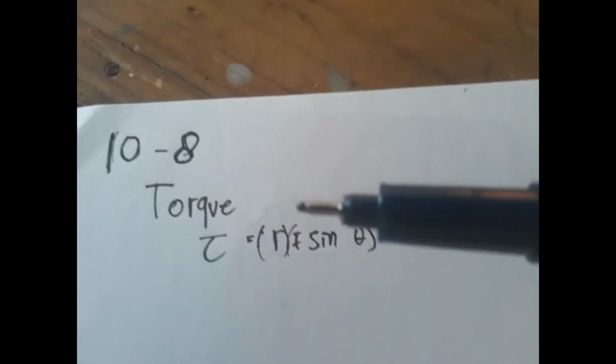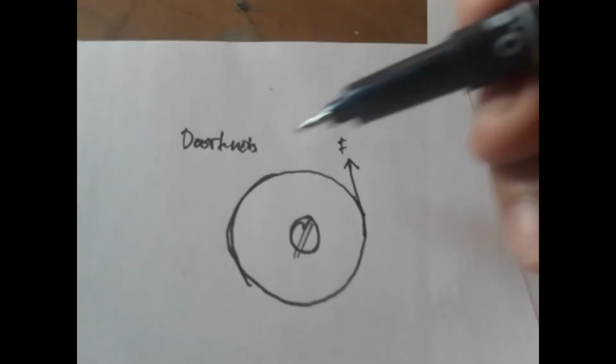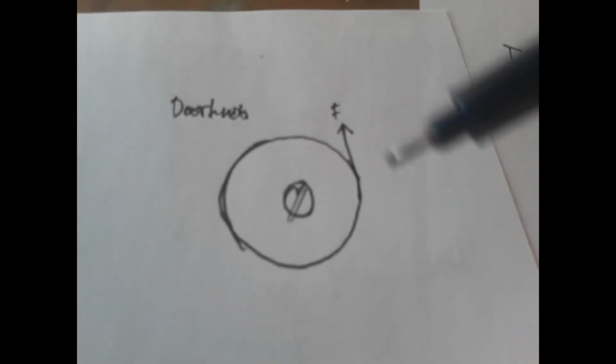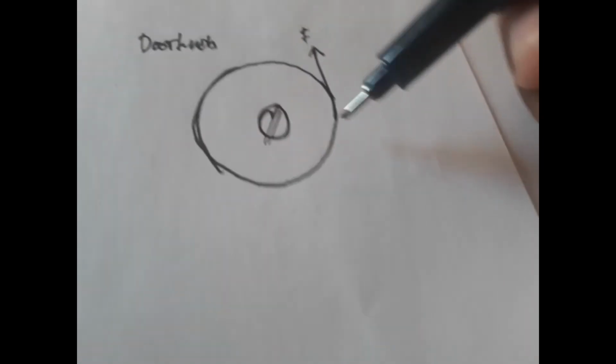Now, I'm going to explain to you about torque. First, if you ever wondered why doorknobs are located as far away from the hinge as possible, here is the explanation. If you take a doorknob, there's a force acting on it with a direction like that.